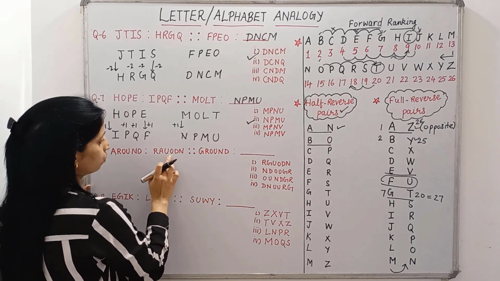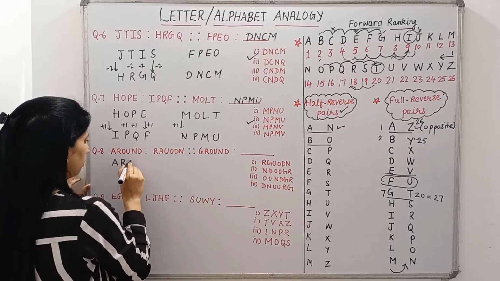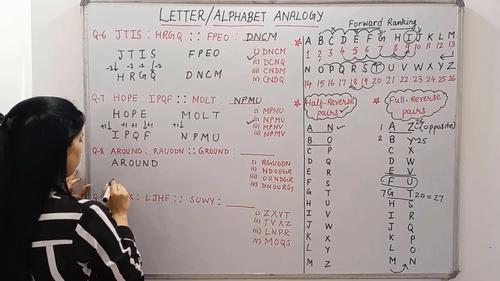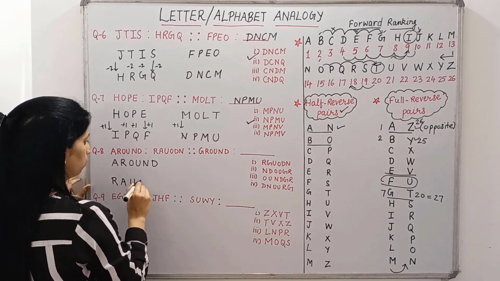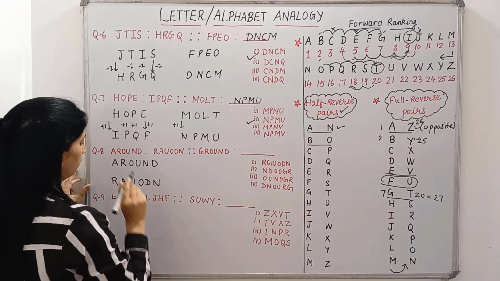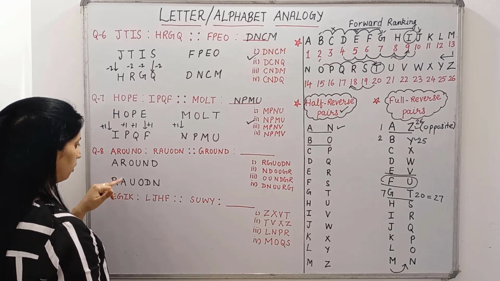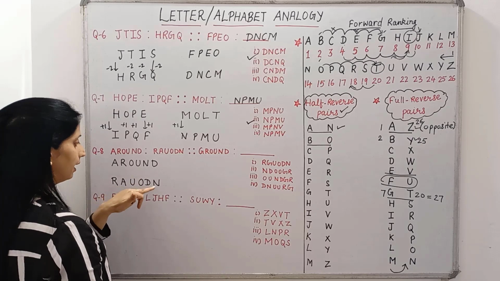Now our next question is AROUND, RAUODN. Just write them. AROUND. RAUODN. Now just check for the relation. AR, RA, OU, UO, ND, DN.